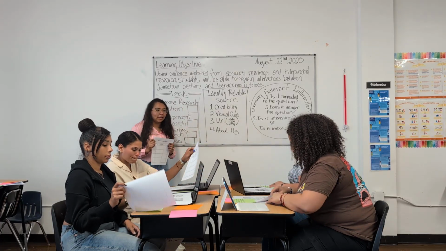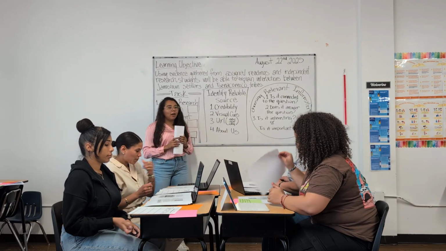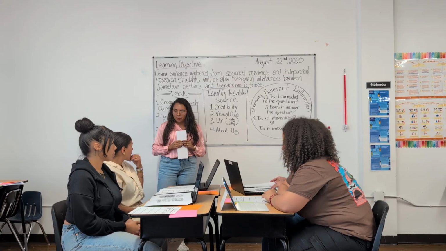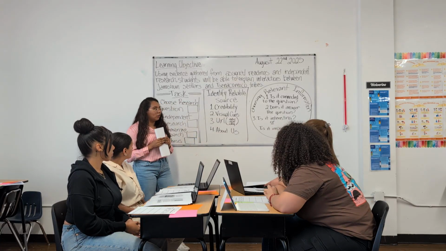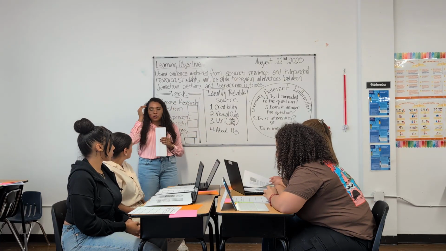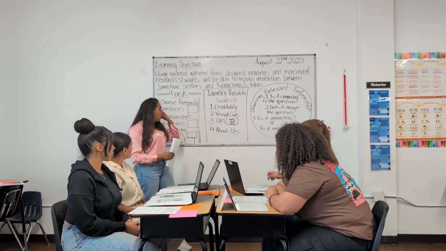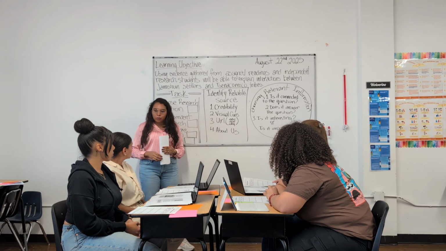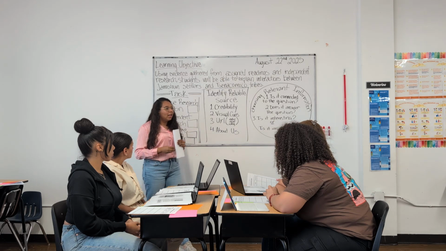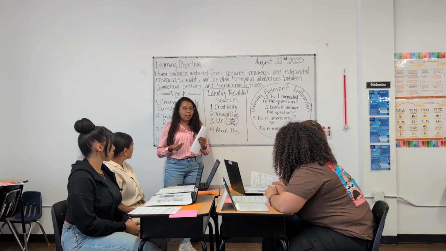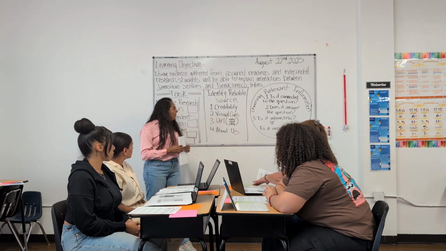What does that mean? Is this a reliable source? Is this something that I can trust? These are questions I want you to ask yourself when we are doing our research. Second, visual cues. When you are on the website, does it look legit? Does it look professional?